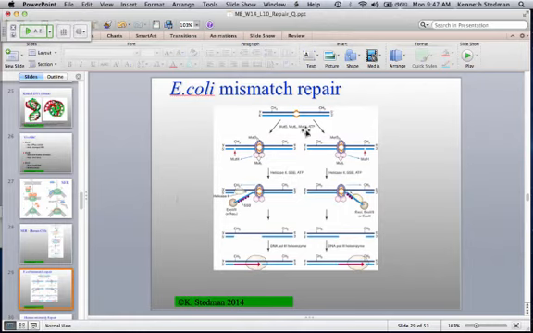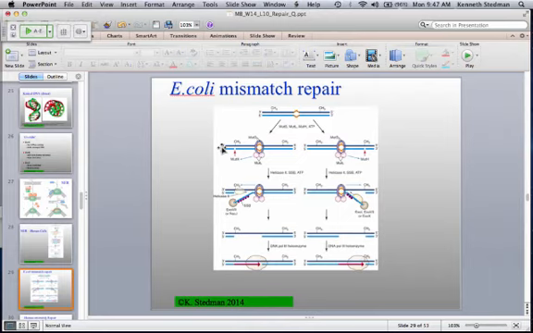The difference here really has to do with the individual proteins, but also how do you know which piece of DNA to take away? Because if you have a mismatch that you've put in, and usually this is happening through the activity of your DNA polymerase, you need to know what's the wrong one and what's the right one.